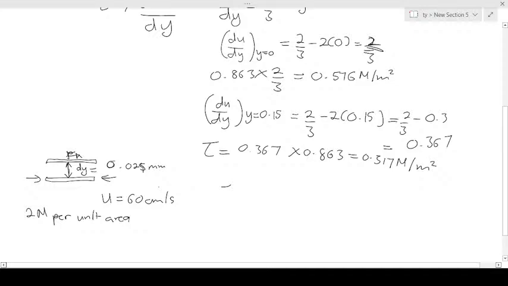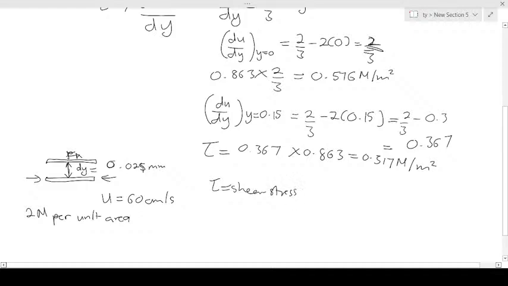Okay, let me clarify. I think I mixed something up as I was speaking. This tau we are looking at is shear stress, and then the mu is the viscosity we are looking for.